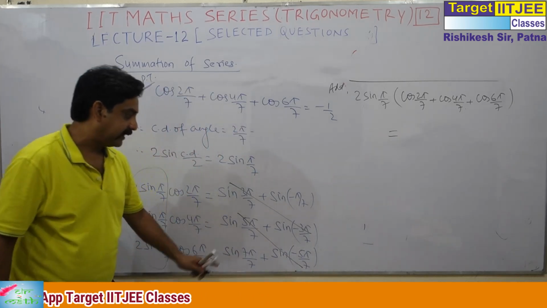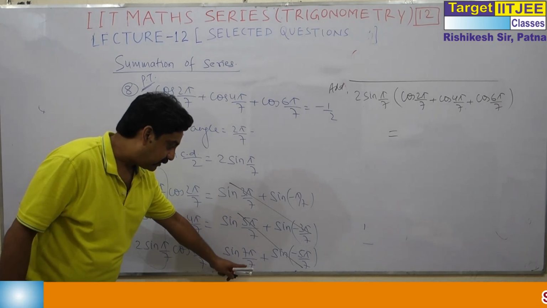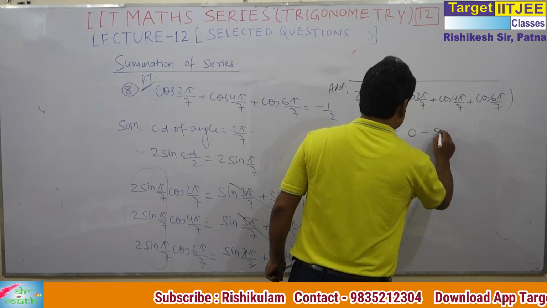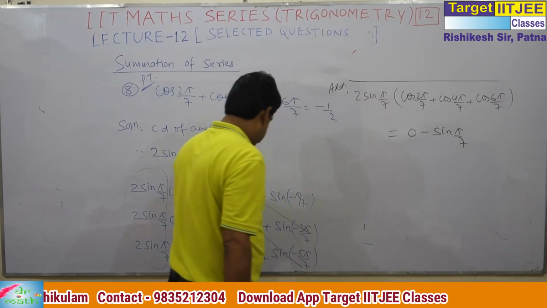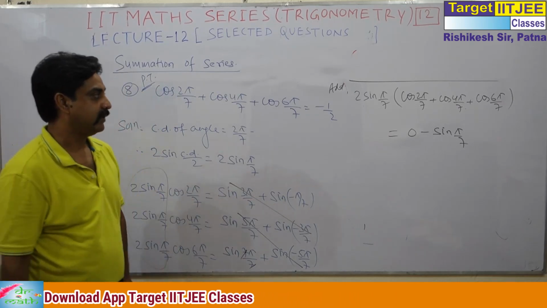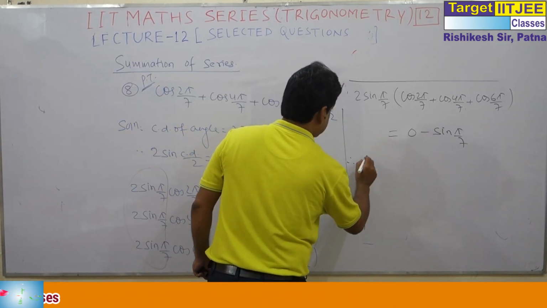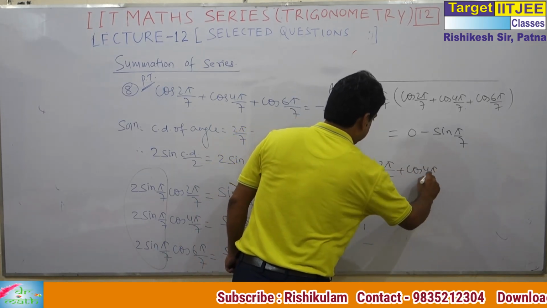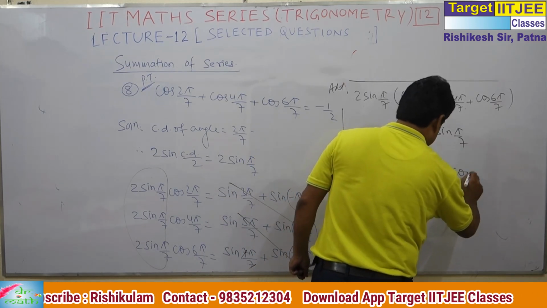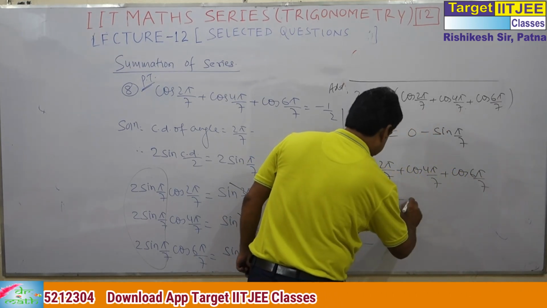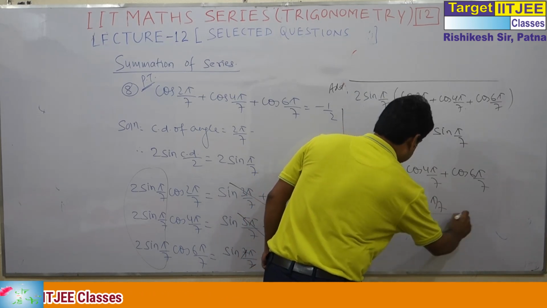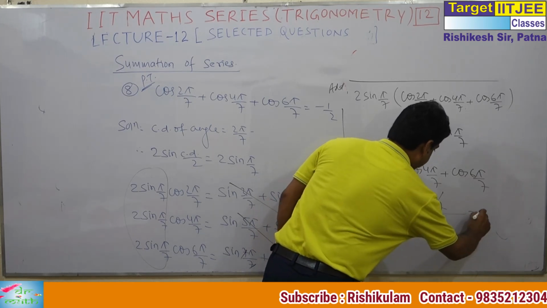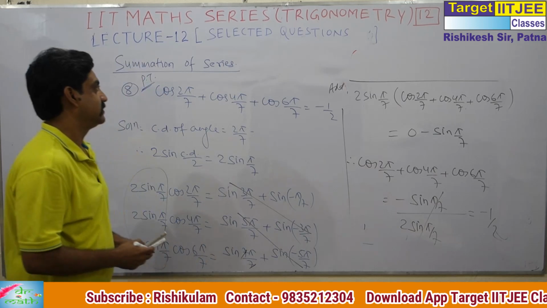Sine minus theta is minus sine theta. When we add, sine 7 pi by 7 is sine pi. Sine pi is 0. This is 0 and this is minus sine pi by 7. So what is the sum? Therefore, cos 2 pi by 7, cos 4 pi by 7, cos 6 pi by 7 is minus sine pi by 7 upon 2 sine pi by 7. Totally new one, minus 1 by 2. That is what we had to find.